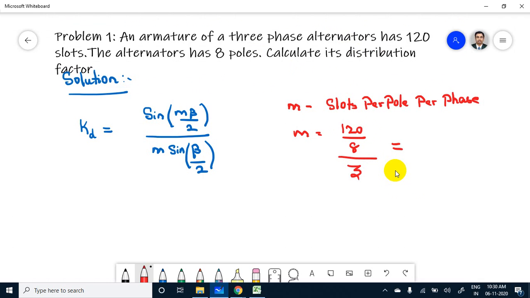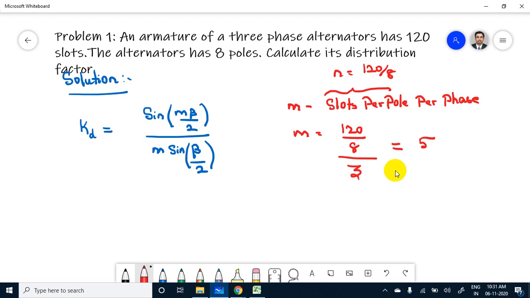Because this 120 divided by 8 means slots per pole, right? We have to take the notation called n. N equal to 120 divided by 8. How much? Anyone? Gibran? Shushma? Harisha? Nishal Dinesh? Yes, sir. 5. Huh? How much? 5? Yeah, good. 5, sir.